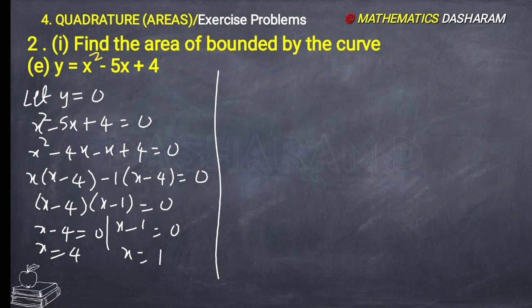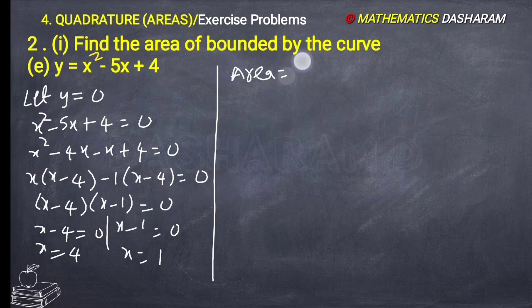So the required area equals: the lower limit should be smaller and the upper limit bigger. So 1 to 4 of y dx.